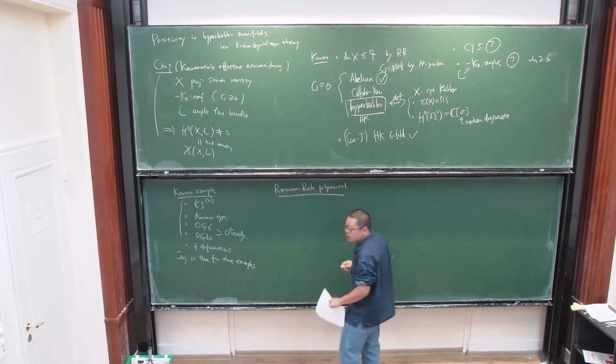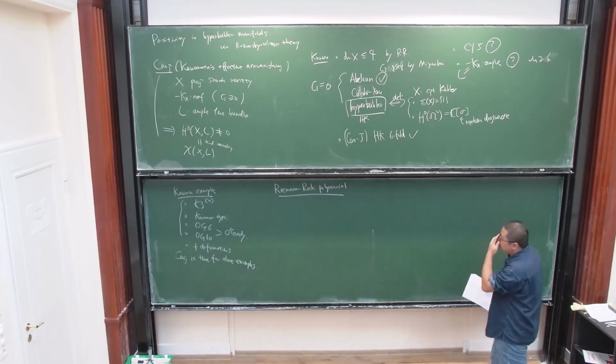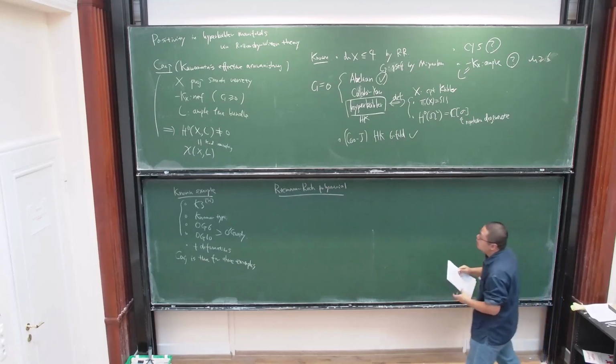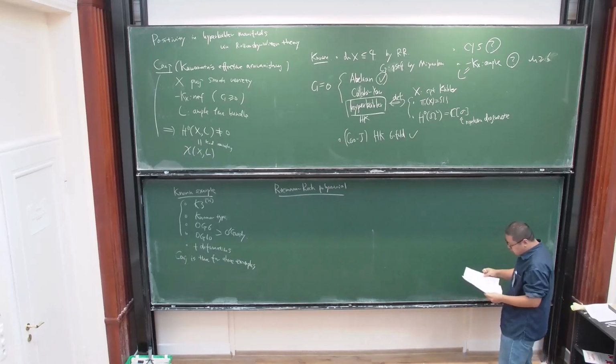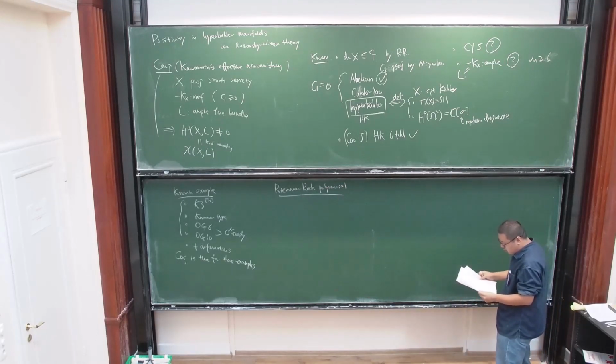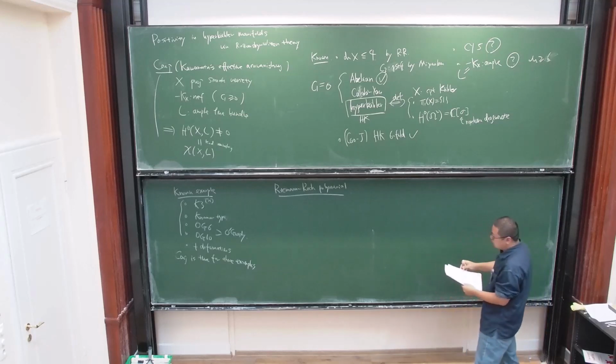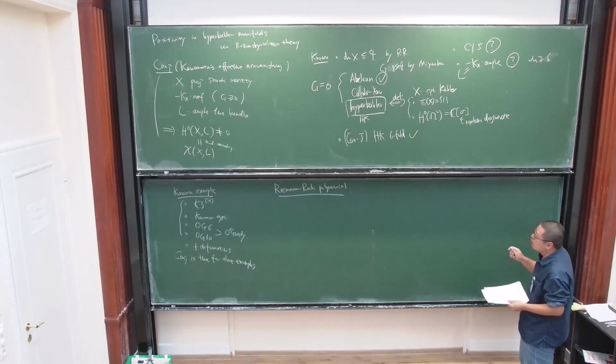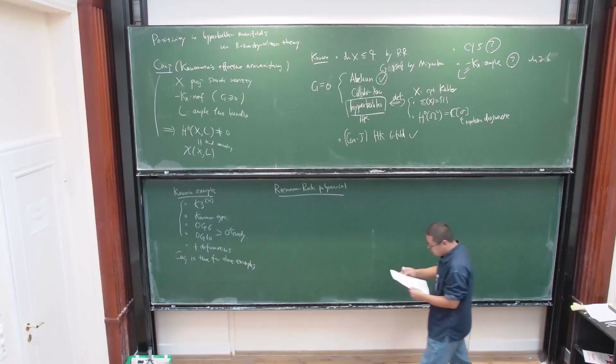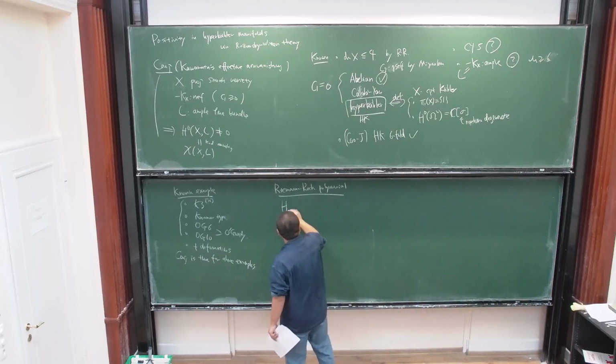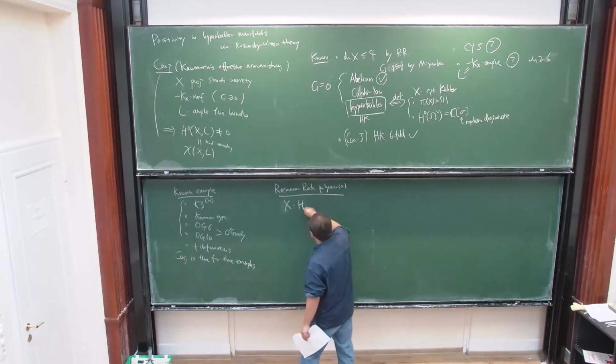Okay, so on hyperkähler we have a very special so-called Bogomolov-Fujiki form. So consider X is a hyperkähler and the dimension is 2n.